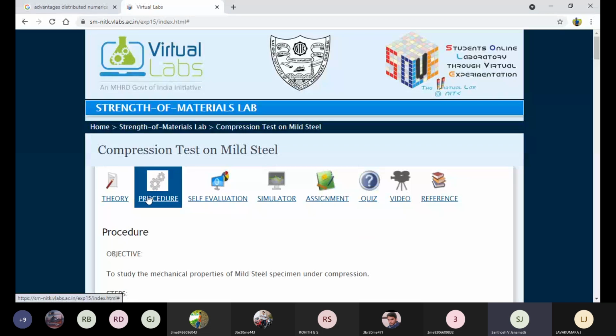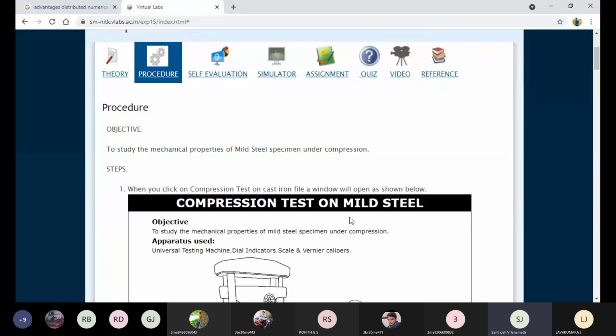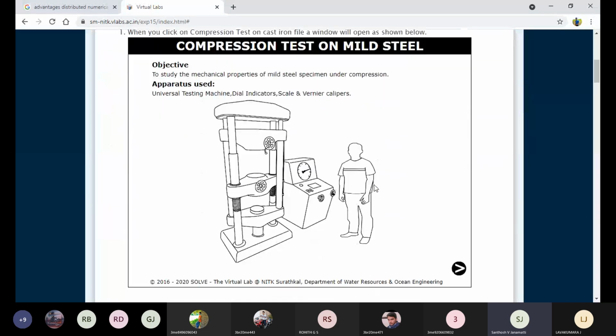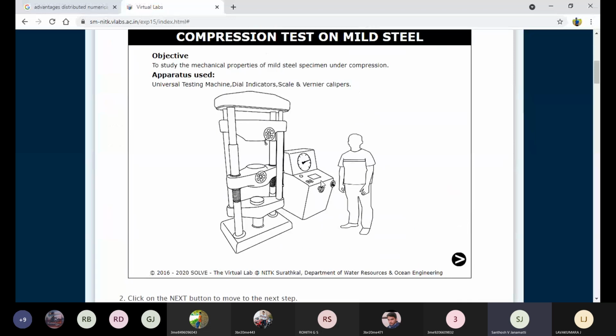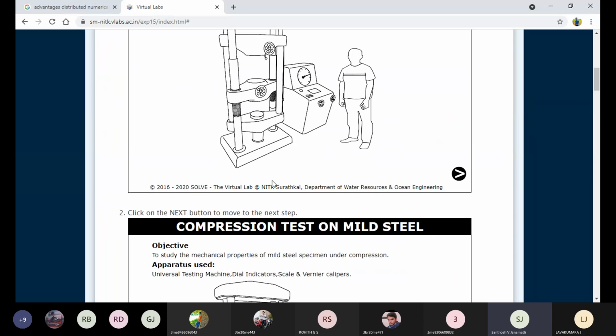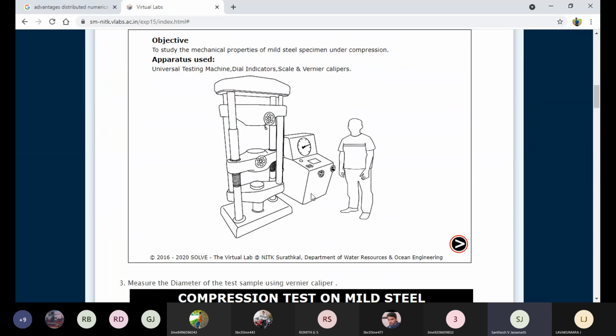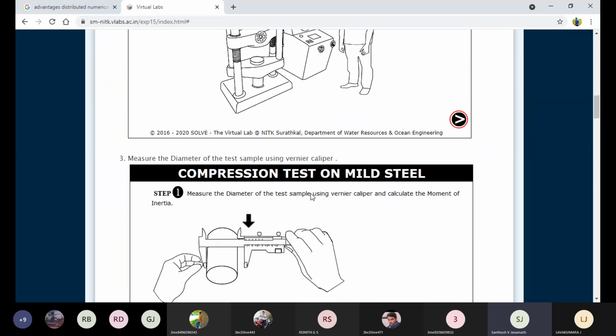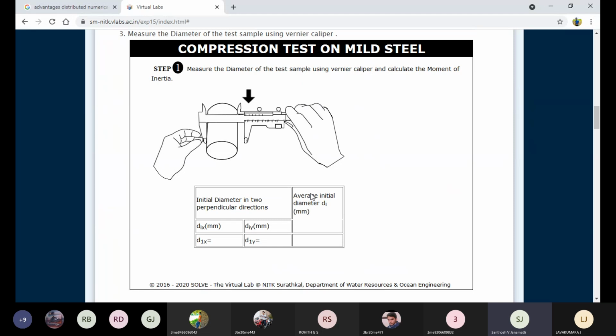Now is the procedure. We are selecting the mild steel material. Here we can see the UTM machine. This experiment also needs to be conducted only on the UTM machine, right? Before that, in procedure one, I can show you that this is our sample.